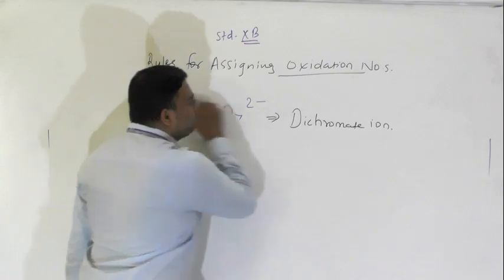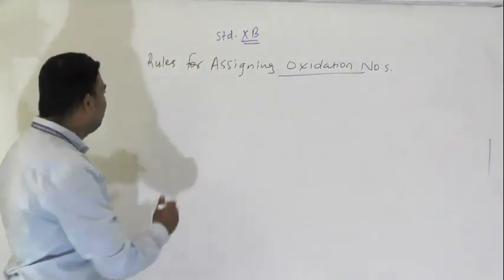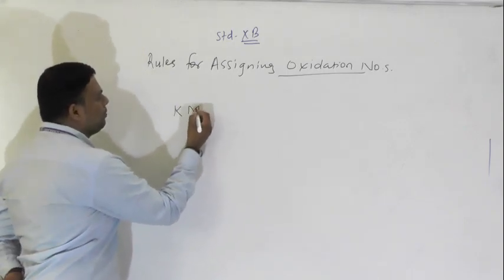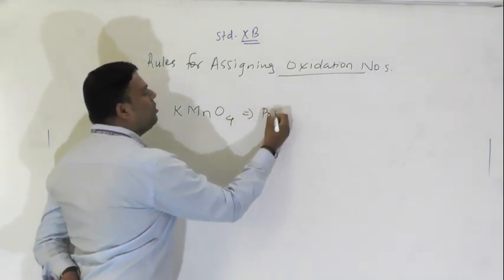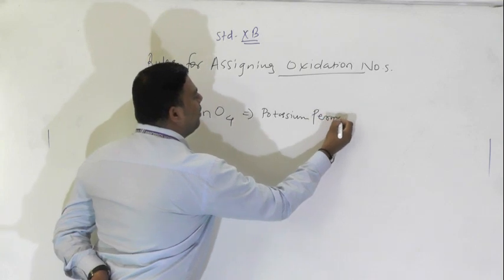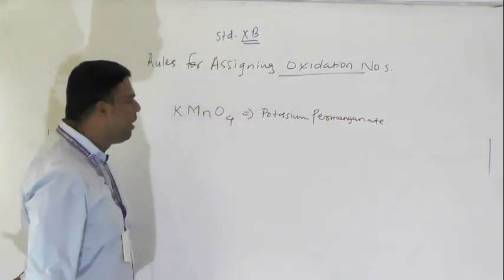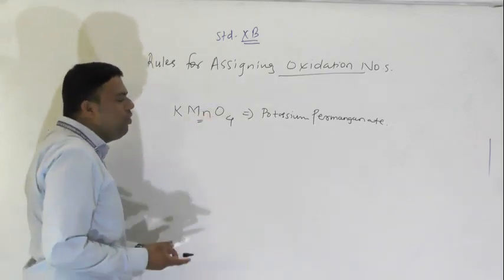Now one more example. Suppose KMnO4, potassium permanganate. We have to calculate the oxidation number of Mn because we don't know that.